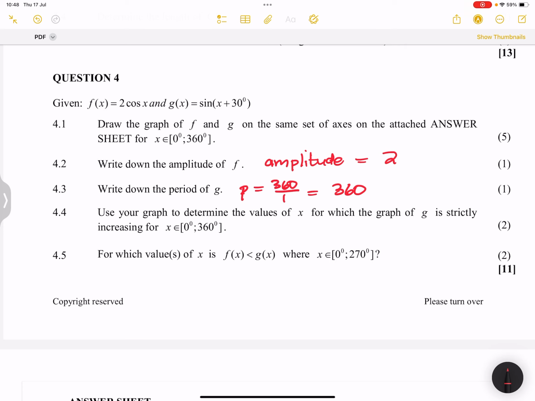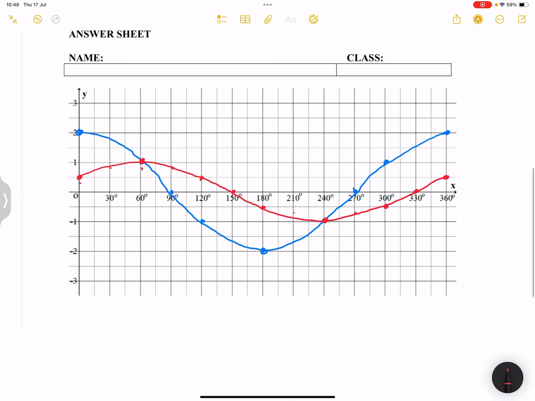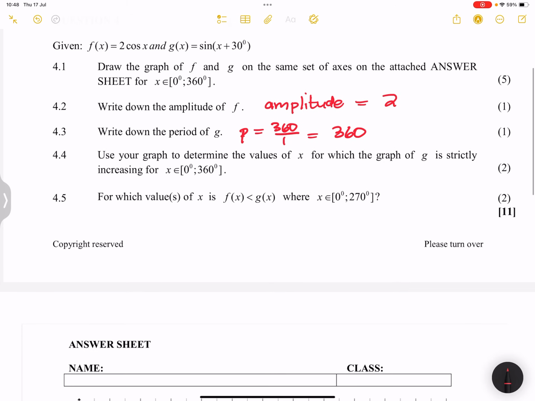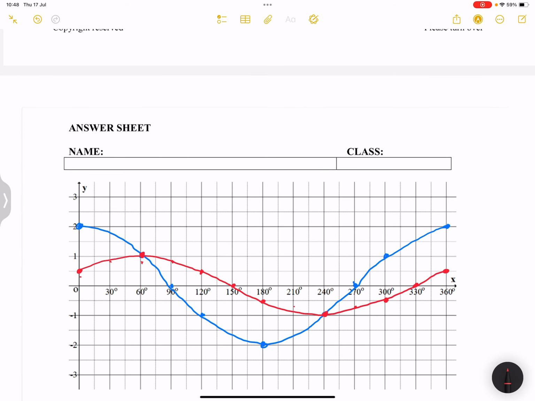Now they say use the graph to determine the values of x for which the graph of g is strictly increasing. So where is the graph of g increasing? We are looking for when it is going up. Now remember, the graph of g is the red graph. I should have labeled them.